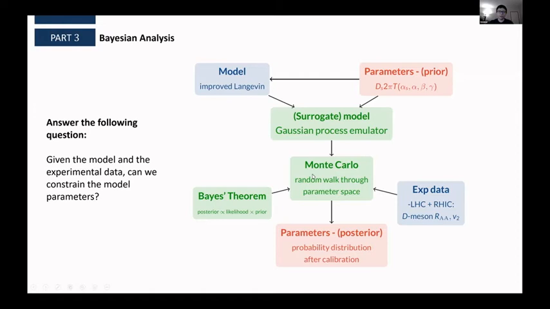Then we have a Markov chain Monte Carlo random walk through our parameter space, and we can extract the posterior distribution of our model parameters. The power of Bayesian analysis is we can use whichever model we like, and we can calibrate to as many experimental data as we have. But in this study, we will be using our improved Langevin model.